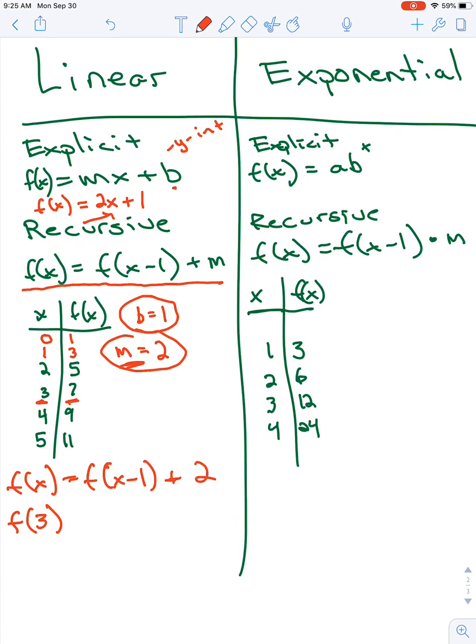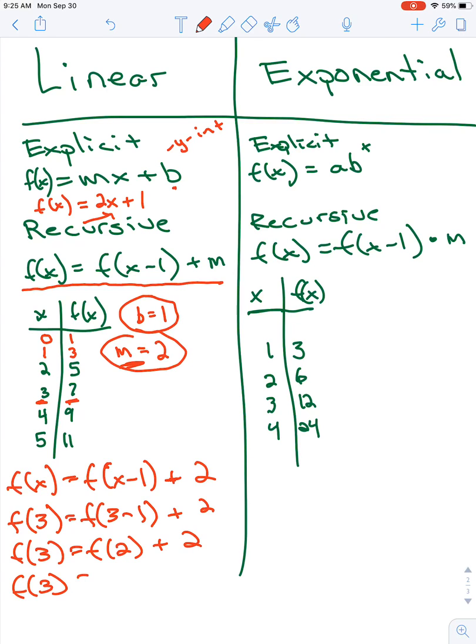So if we want to get f of 3, we need to take f of 3 minus 1 and add 2. So f of 3 is f of 2 plus 2. So f of 3 is, well, what is f of 2? F of 2 is 5 plus 2. So f of 3 is 7. So again, it's not that complicated. It means if you want some term, you take the term before it and add 2.